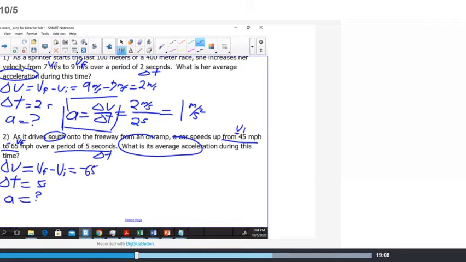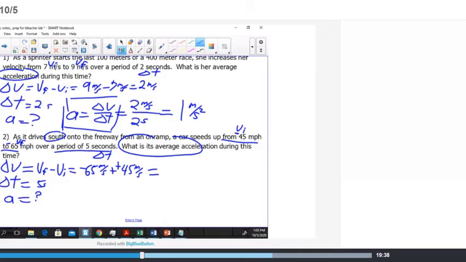That's negative 65 meters per second, minus negative 45. I always taught how to do math: you subtract the negative, so I can make it positive.